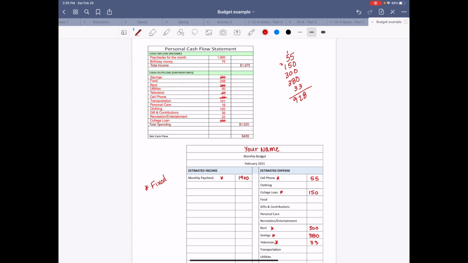Okay, so we have fixed expenses of $928. If you look at it, we have an income of $1,900.